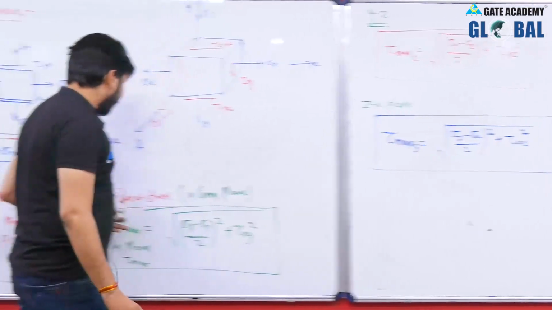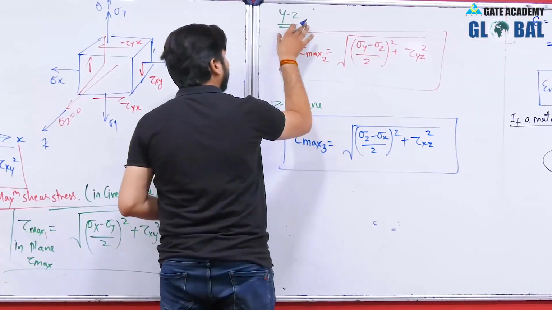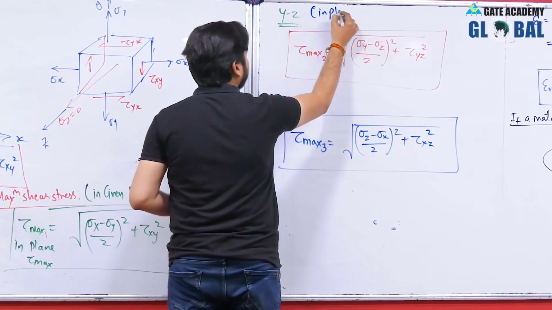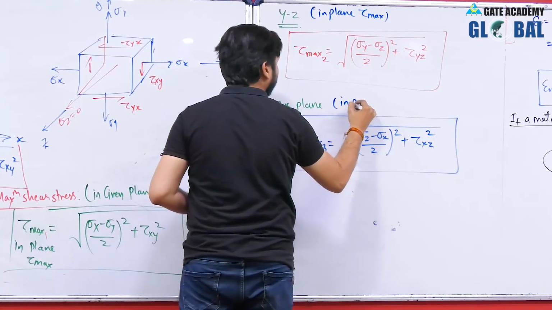So, with respect to 3 planes, we have 3 in plane tau max. This is the maximum shear stress in yz plane, so this is an in plane tau max. This is also an in plane tau max.